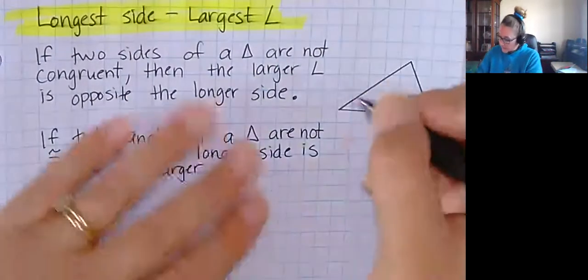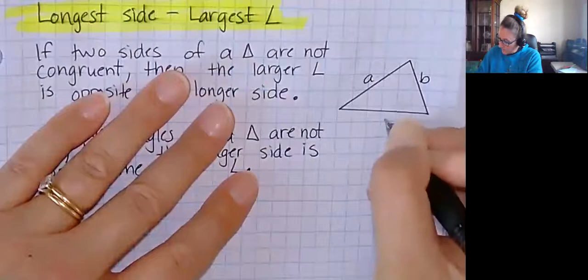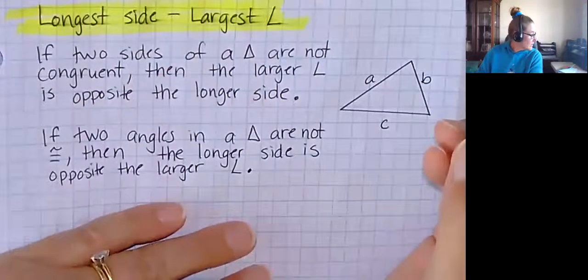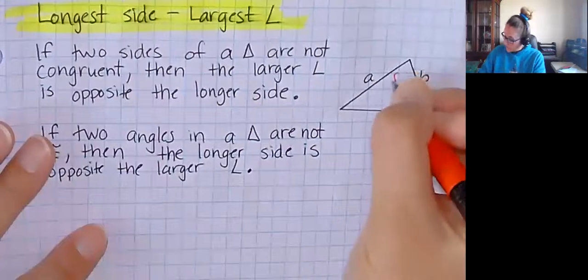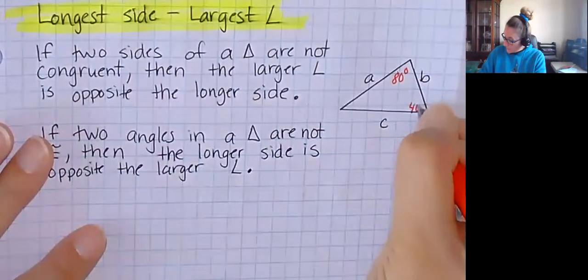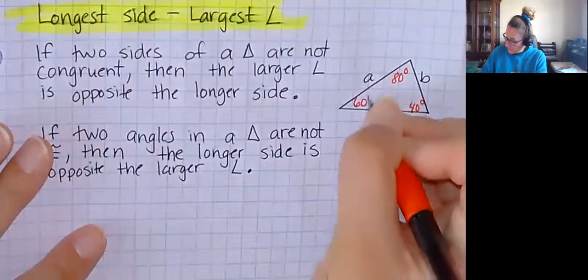So let's say that this side is A, this side is B, this side is C. And let's say that this angle is 80 degrees, this one is 40 degrees, and this one is 60 degrees.